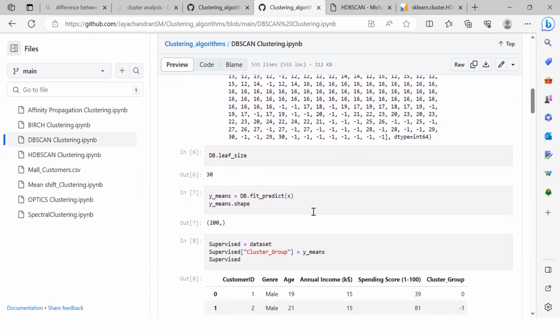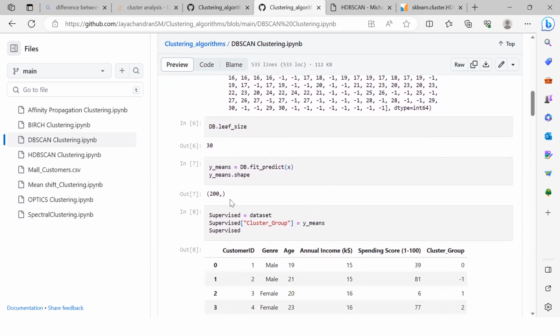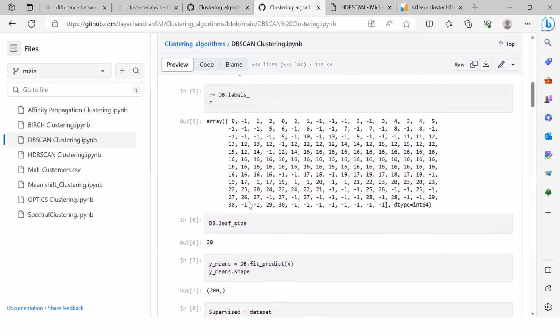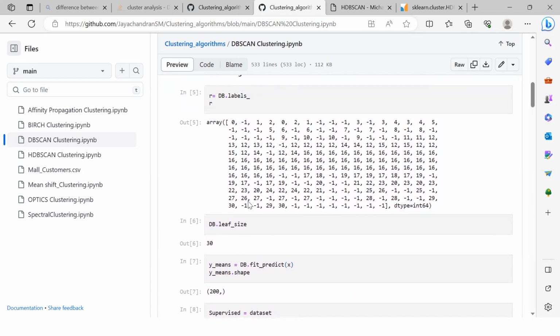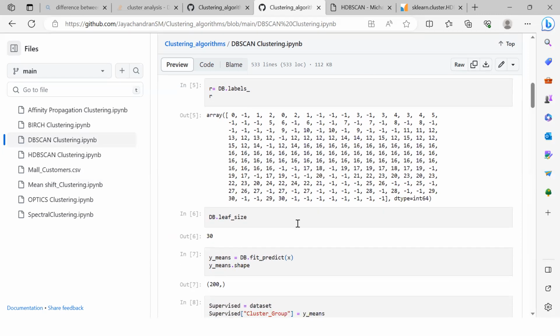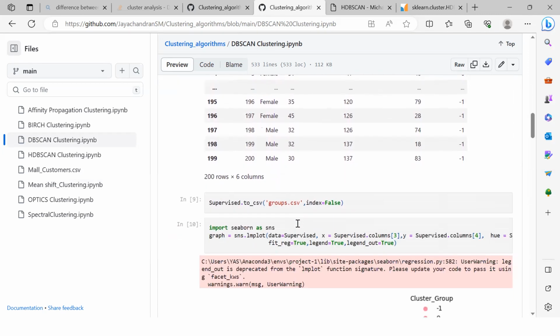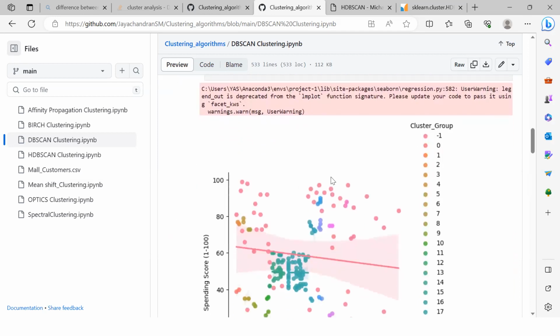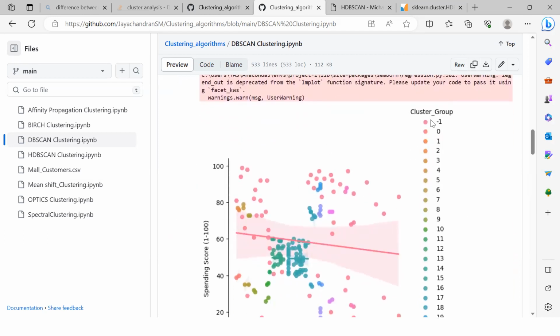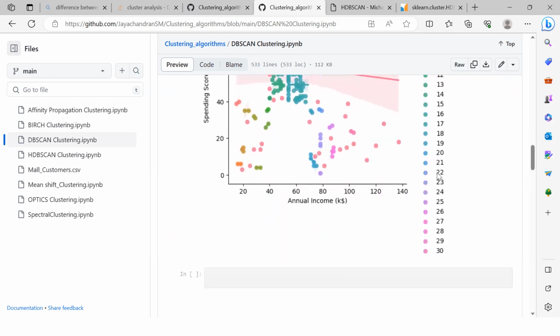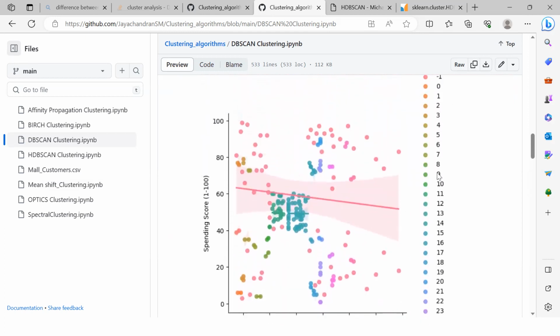So in this example, what I have done is I just predicted the values. Now I got around 30 values, starting from -1. Let me try to plot it in a graph. You'd be able to see it starts from -1 and keeps going until 30. Then it plotted a graph something like this, as I already discussed in the PPT.